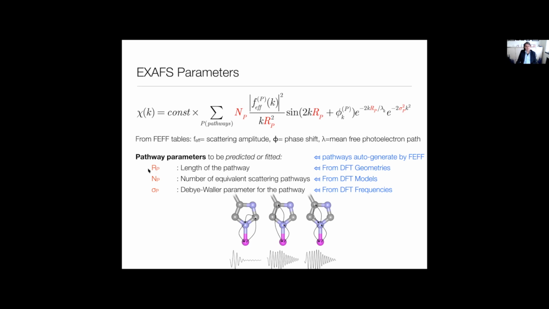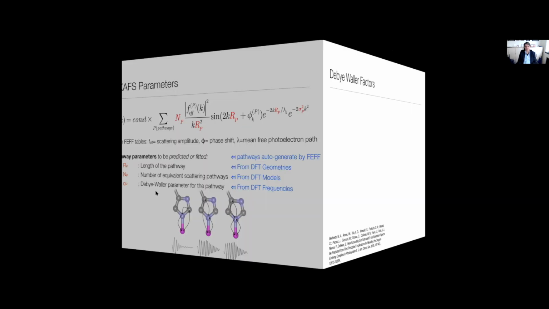But the three types of quantities that are relevant in this context are R_P, the length of the pathway, N_P, the number of equivalent scattering pathways, and basically that is just geometric information that comes from DFT. And then you have to have the Debye-Waller factor. You can, in principle, calculate these Debye-Waller factors from density functional theory, or in principle also other theories, but DFT is the most practical.